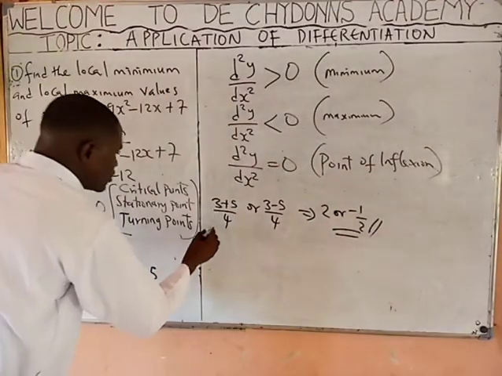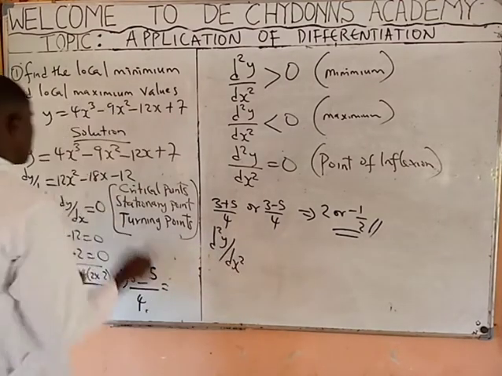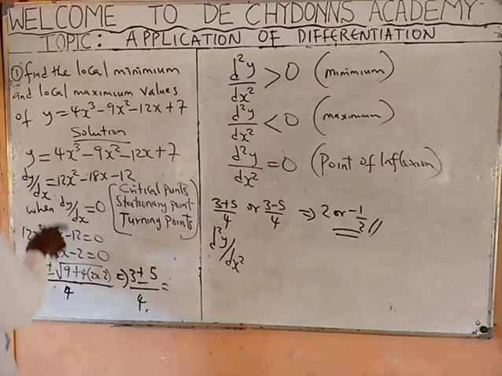Now, d squared y over dx squared means differentiate again.